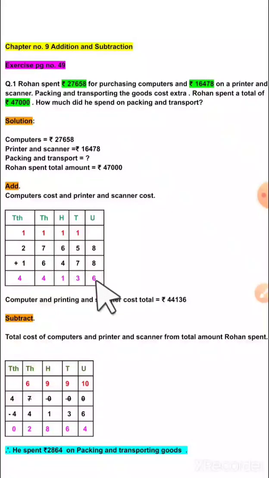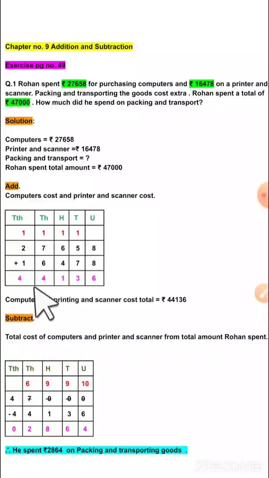Eight plus 8, 16, 6 down, 1 carry forward. 5 plus 1, 6, 6 plus 7, 13, 3 down, 1 carry forward. 6 plus 1, 7, 7 plus 4, 11, 1 down, 1 carry forward. 7 plus 1, 8, 8 plus 6, 14, 4 down, 1 carry forward. 1 plus 2, 3, 3 plus 1, 4.